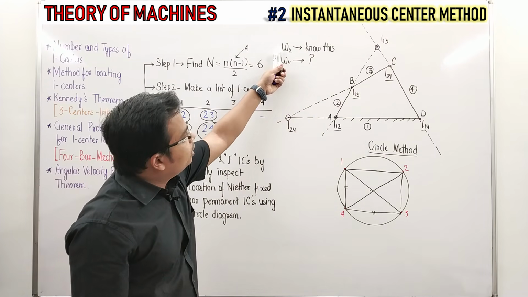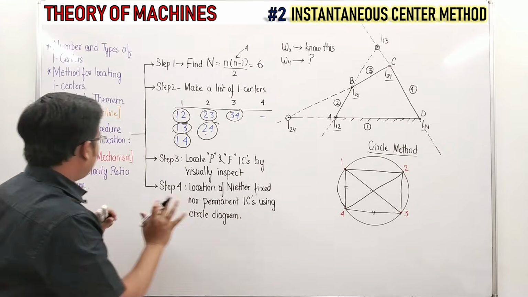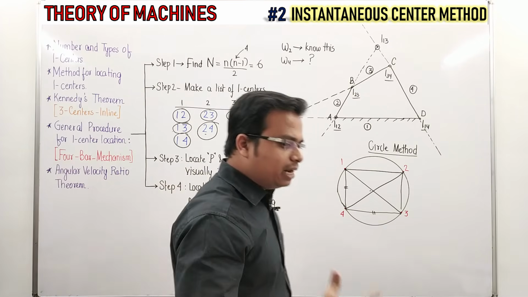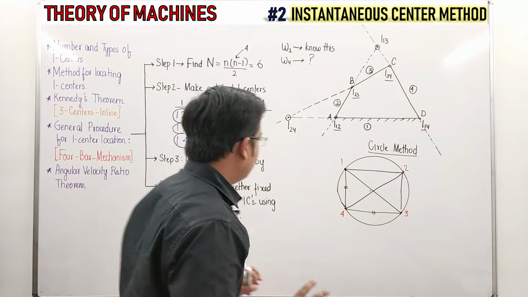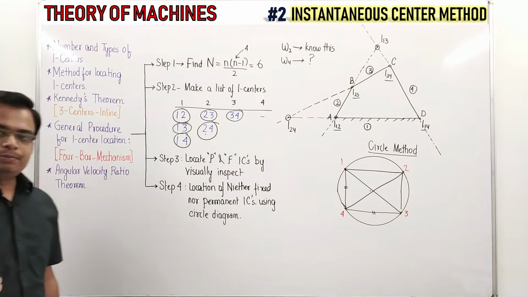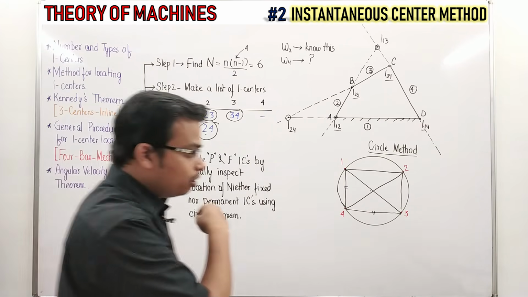If we know the value of omega 2, how can omega 4 be calculated? This can be achieved using the angular velocity ratio. It's very easy, and I'll tell you in much more detail in the problems to follow in the upcoming videos. But right now, let me give you a snapshot as to how this angular velocity ratio can be applied.